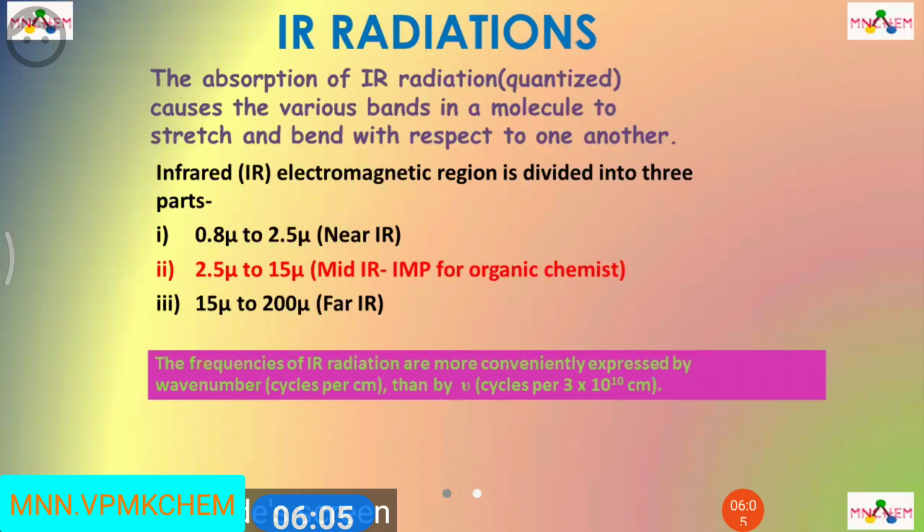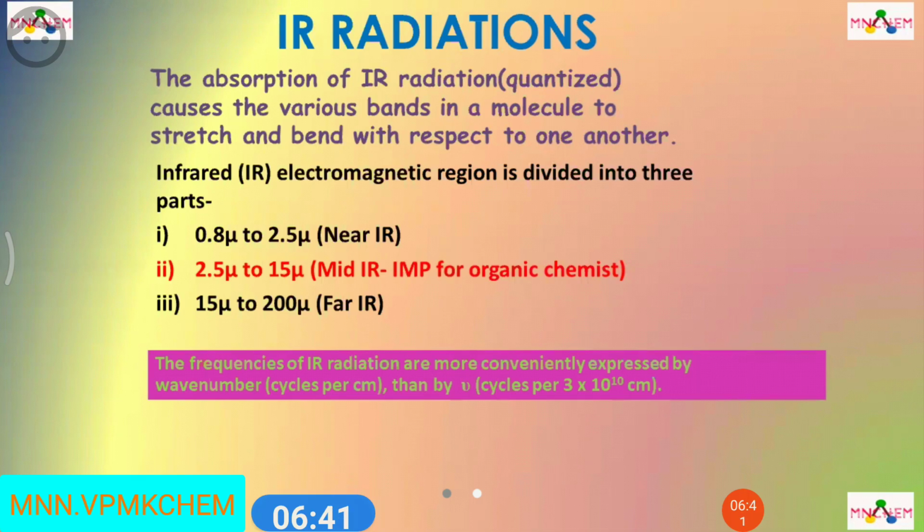For organic chemists, most of the functional groups get absorbed in this region, and therefore we'll be focusing our study between 2.5 micron and 15 micron. It is termed the mid IR region. And the third is 15 micron to 200 micron, also termed the far IR region, which is the farthest from the visible region.